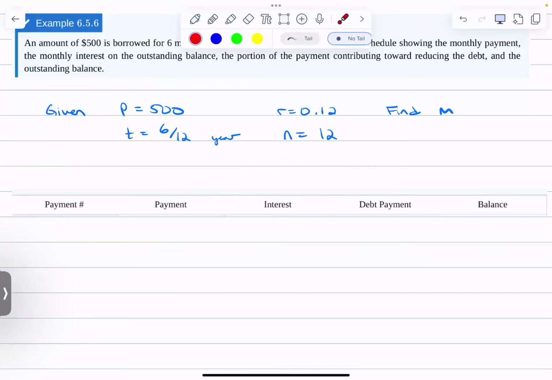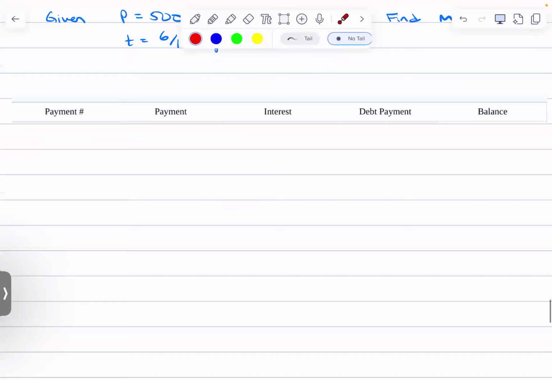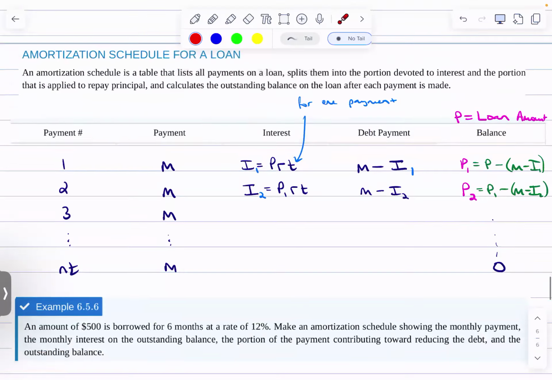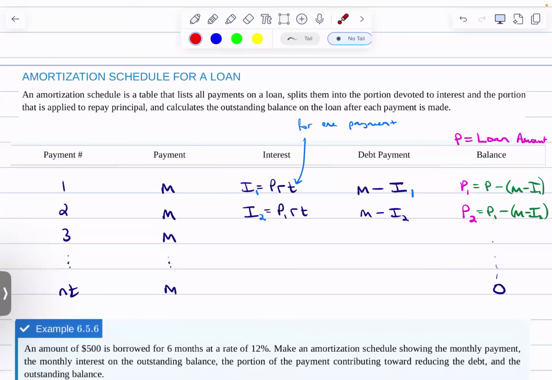If we're making monthly payments for 6 months, then we can fill that in, right? 1, 2, 3, 4. Maybe it might be nice to start with a 0 line here. It's up to you. I did a 0 line up here. 0, there's no payment, no interest, no debt. But it does the same thing.